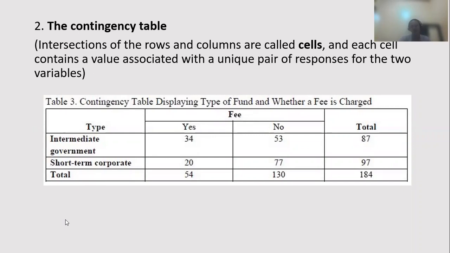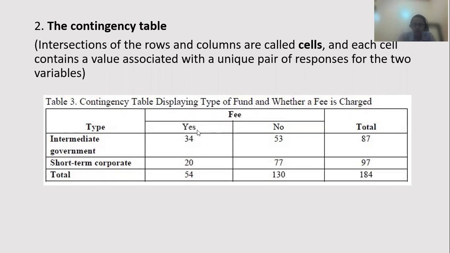For instance, this is the contingency table that we are looking at right now, displaying type of fund and whether a fee is charged. So if you are looking at intermediate government fund and whether there is a fee charged: type 1, intermediate government, fee charged, yes.